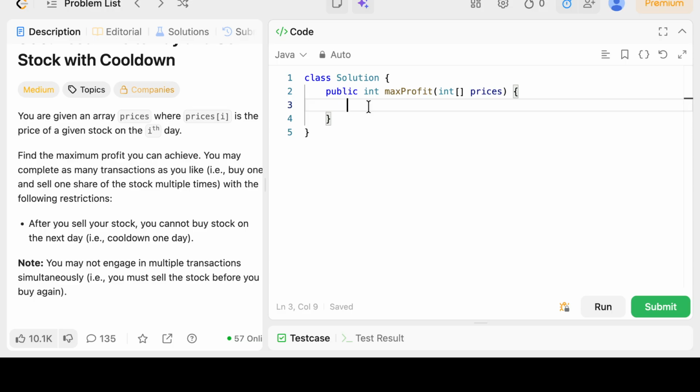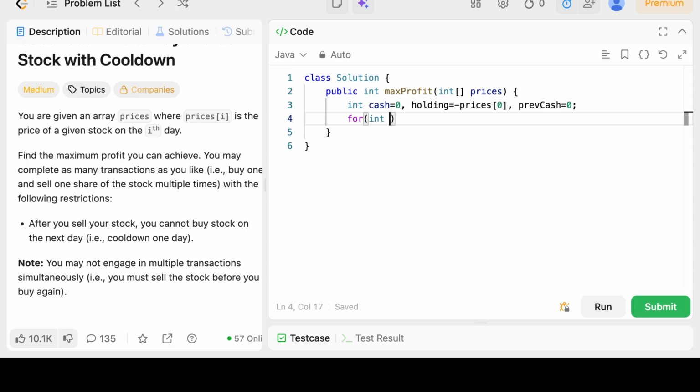So we need to maintain another variable. Let's define cash, which is initially 0, and holding, which is initially the day 0 price. Let's define another variable, previous cash, which is also 0.